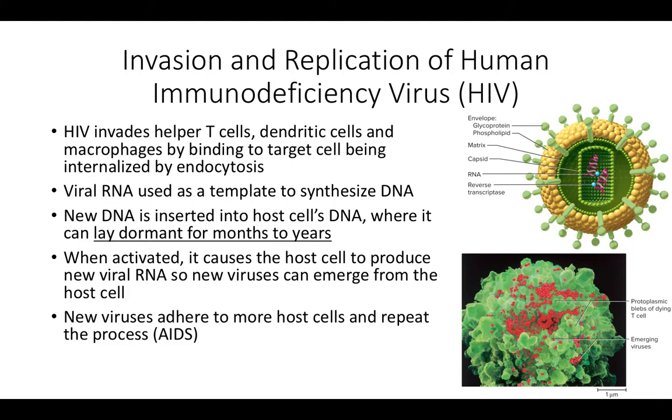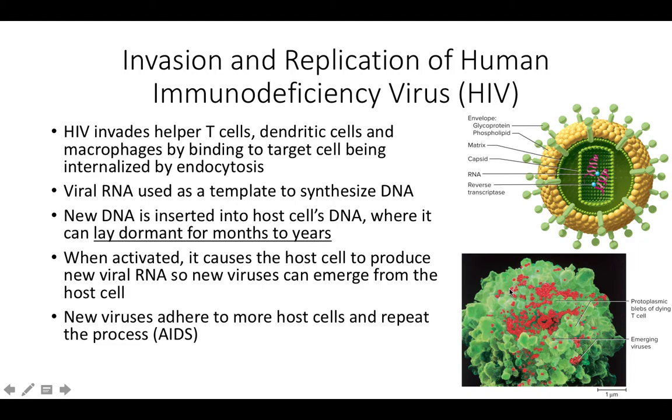So they're brought into these T cells or other cells by endocytosis. And then once they get in there, they have this viral RNA here, and it's used as a template to synthesize DNA. Okay, so then we get this new DNA that's been produced from this viral RNA, and that DNA is inserted into the host cell's DNA.